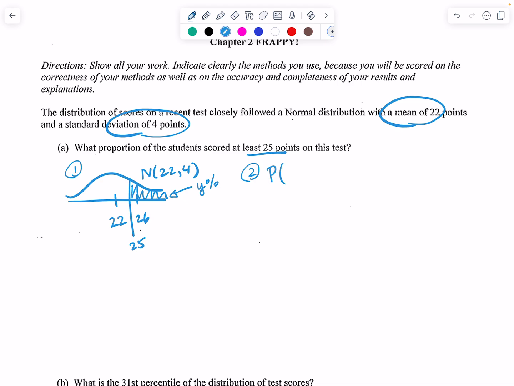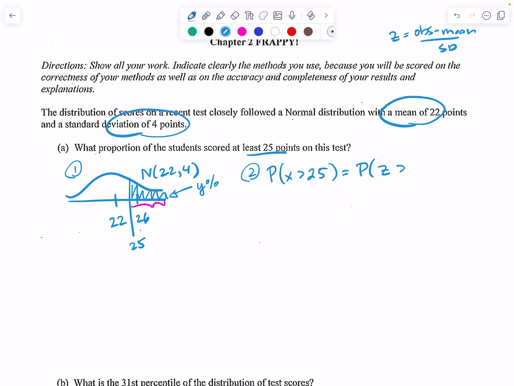Step 2 is to write my probability statement. So this probability is that I'm looking for some x that's in the shaded area. So that x is greater than 25. And that probability is that z is greater than, I'm changing this to my z-score, which remember my z-score is observed minus mean divided by standard deviation.